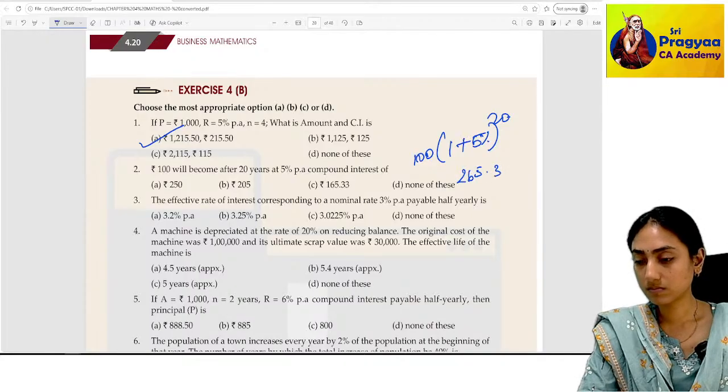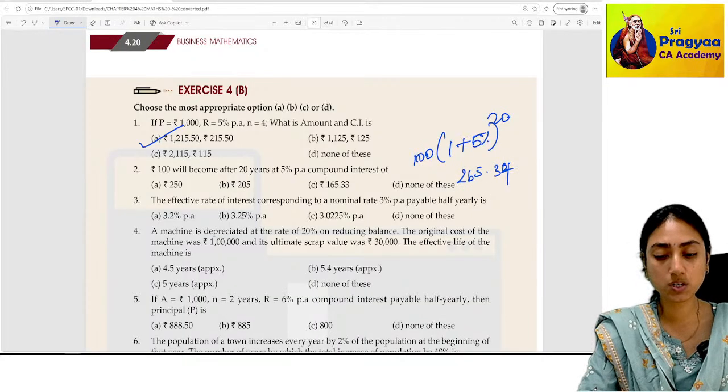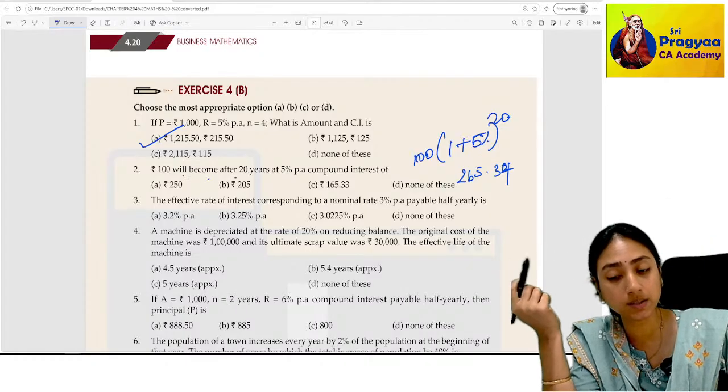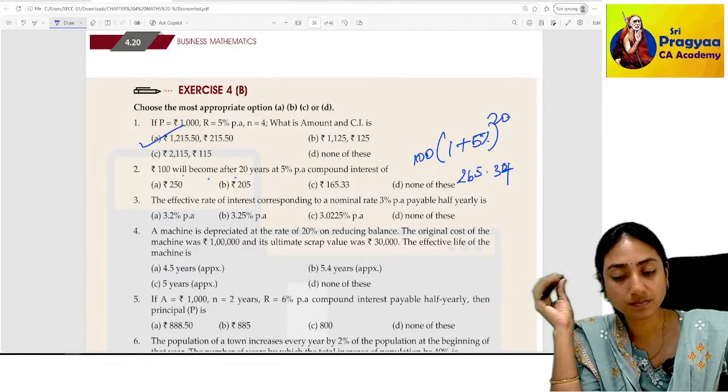So here the option: 100 will become, after 20 years, at 5%.